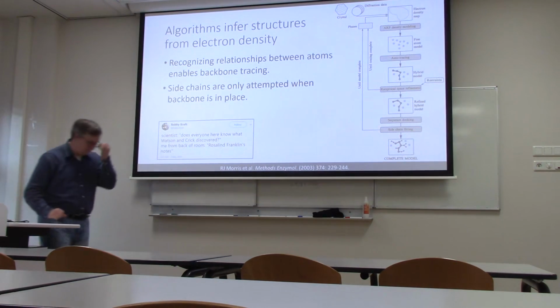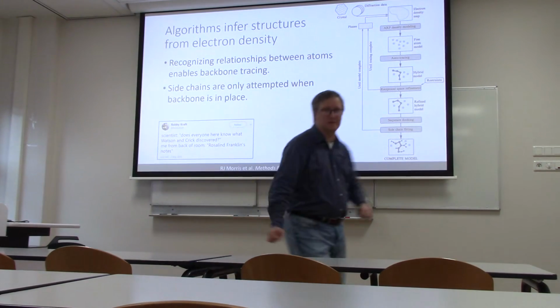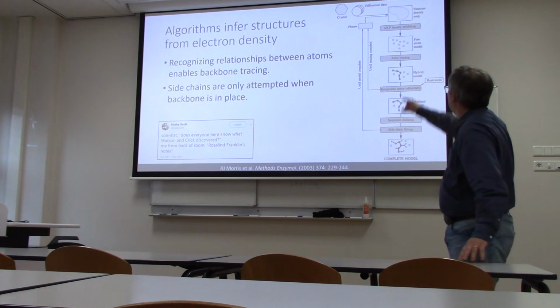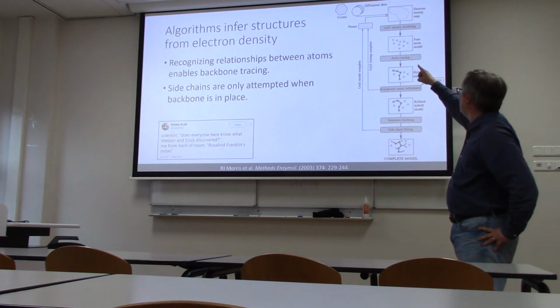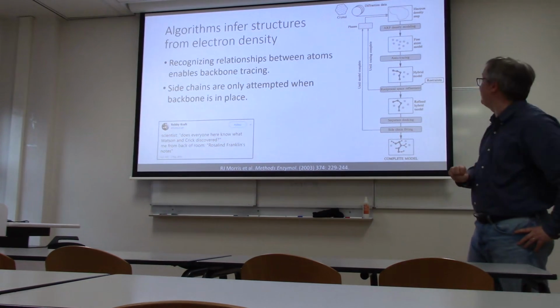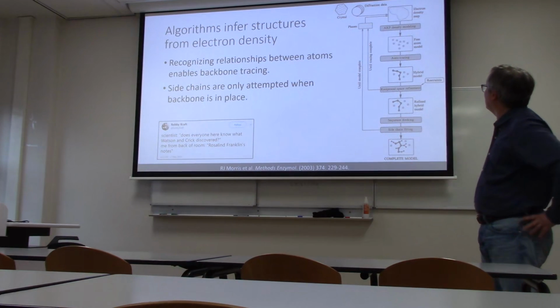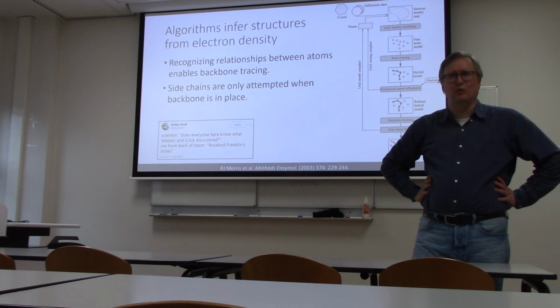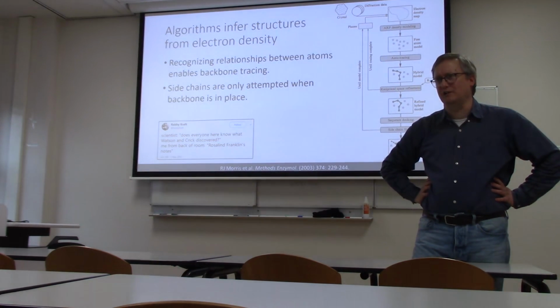There we go. So, algorithms infer structures from electron density. Remember, we started with a crystal, we then produced diffraction data from it, and now we have an electron density map. There's something missing when you look at an electron density map for a particular protein, and that is phase.